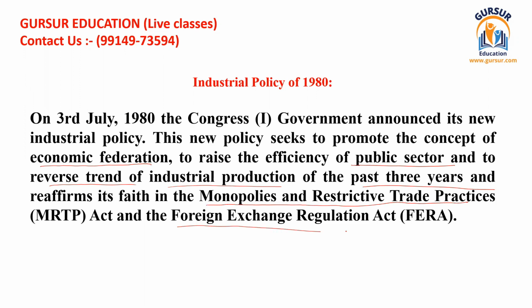So that these particular acts were again revived. A number of changes were made in these. Okay, so these two acts took charge so that no one could gain a monopoly position in the market.